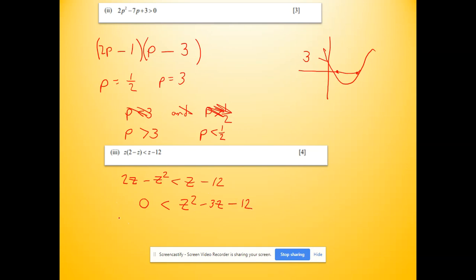So what we now need to do is factorise that. And this time we get z minus 4 and 4 times 3, so that's a z to make the z squared.